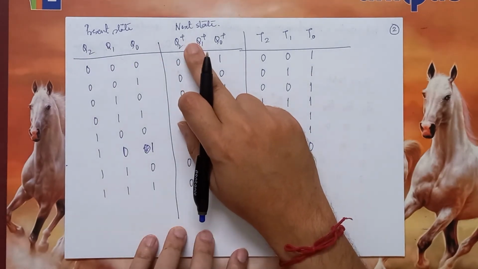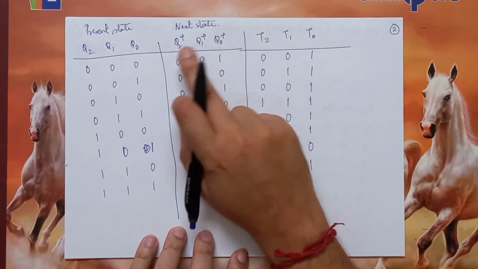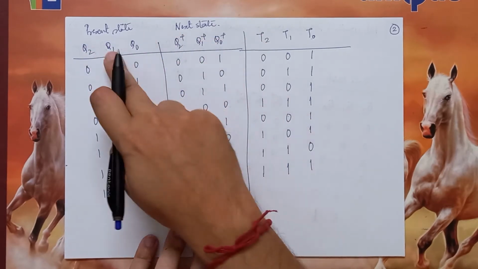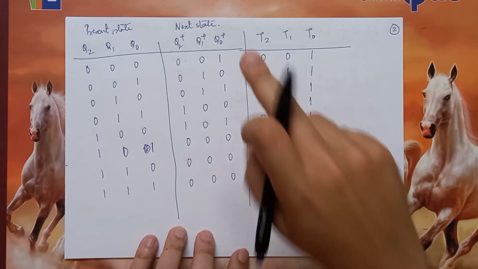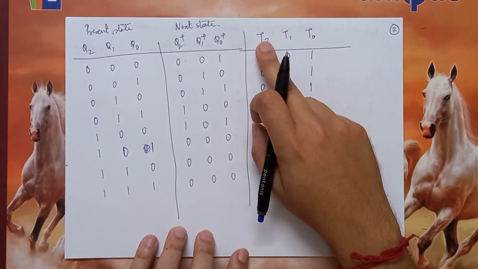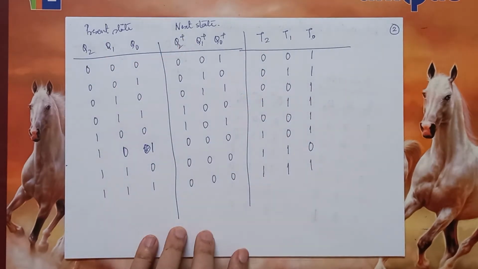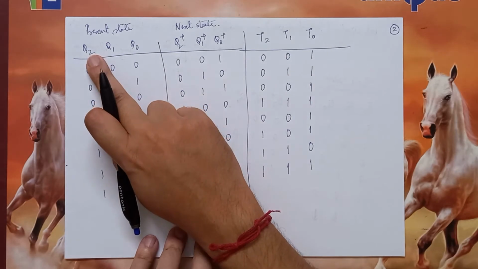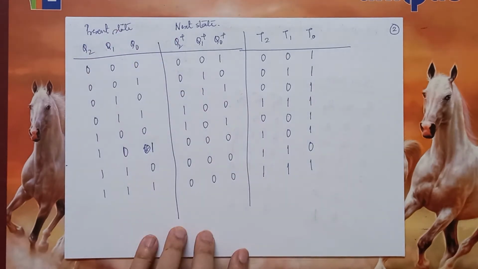Once again, let me emphasize that you cannot express these as functions of the next state, because technically these two are the same variable. So you cannot say it will depend on the present state and the next state. Well, technically, if you look at it very closely, the value of T that is required, we are finding out by looking at the present and the next state, but all said and done, we only have access to Q. We don't have access to Q plus.